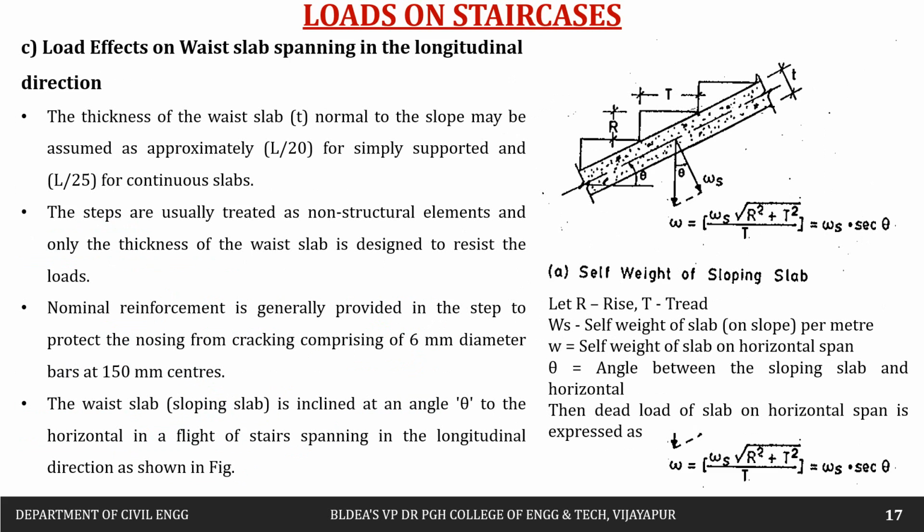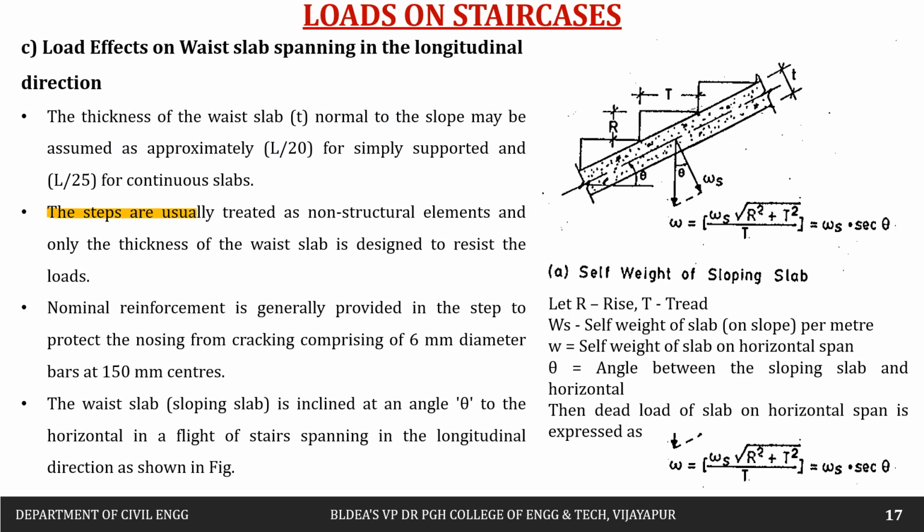Then next is load effects on the waist slab spanning in the longitudinal direction. The thickness of this slab normal to the slope may be assumed as approximately L by 20 or L by 25: L by 20 for simply supported and L by 25 for continuous slabs.